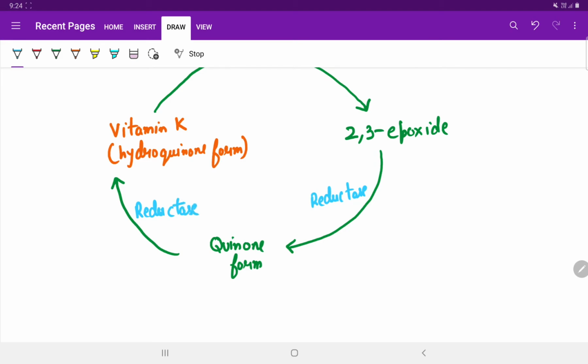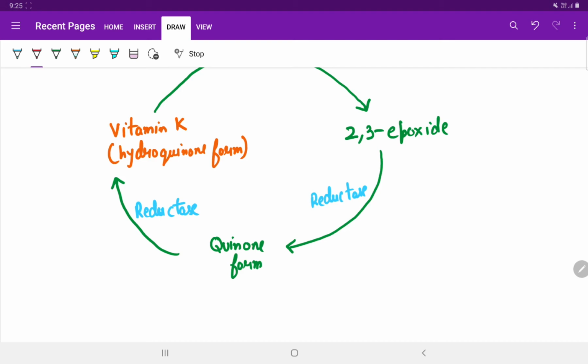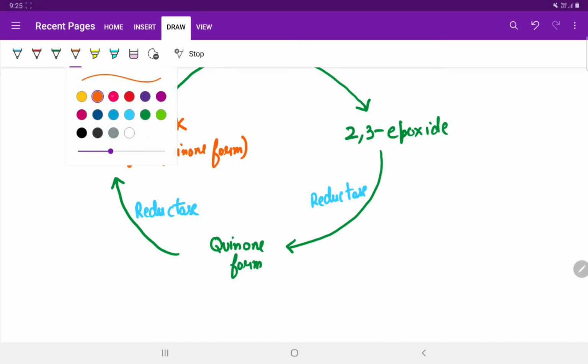But during this process, some inhibitors are also acting, such as dicumarole, which is an anticoagulant found in sweet clover, whereas warfarin is another synthetic analog which can inhibit the actions of vitamin K. So they will be acting at this point.